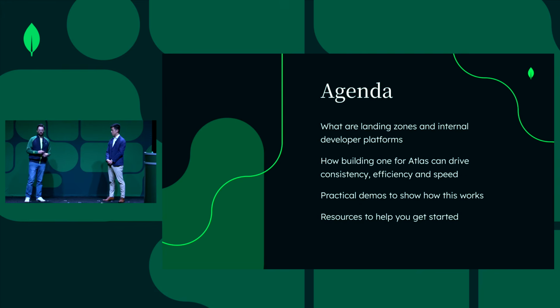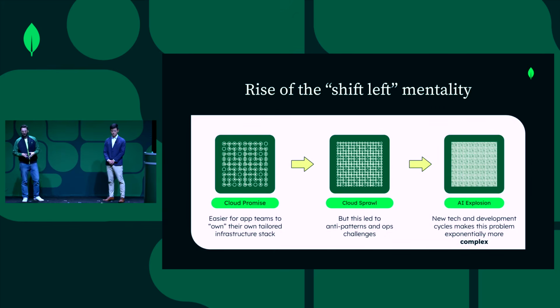And Charlie is going to walk us through some very practical demos on how to actually get started with this, start the art of the possible and start beginning some of these best practices and implementations to bring this into your enterprise. So let's set the stage as to why we are talking about this.